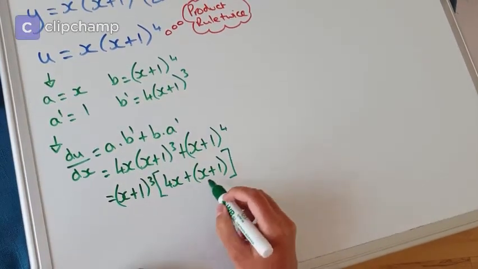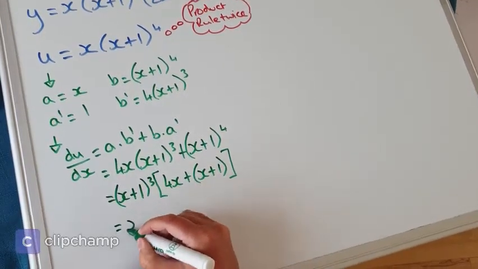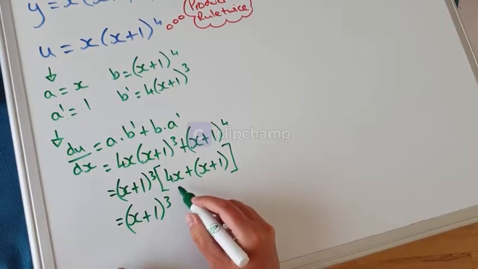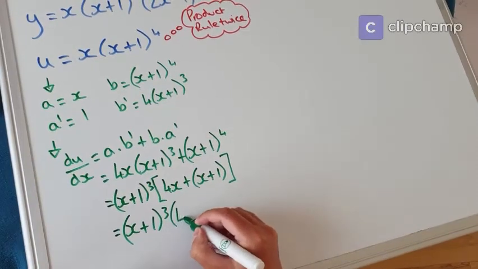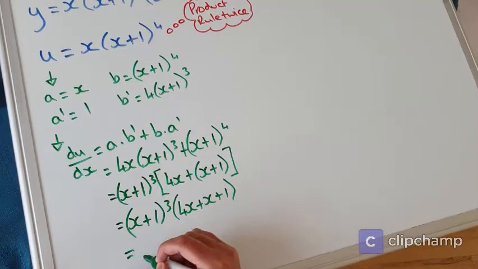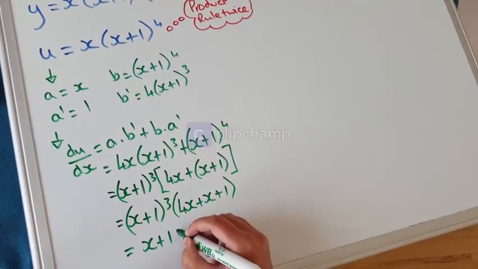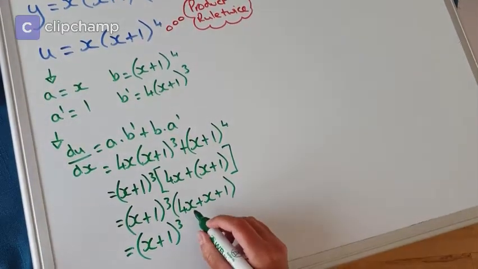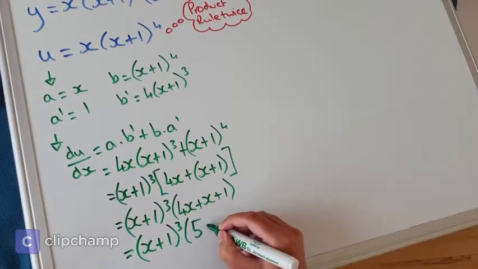What you can see here is that we can gather like terms. So I've got (x + 1)^3 being multiplied by 4x + x + 1, which then becomes (x + 1)^3 multiplied by (5x + 1).